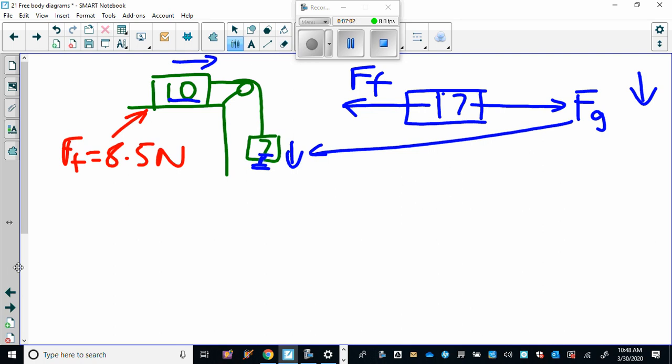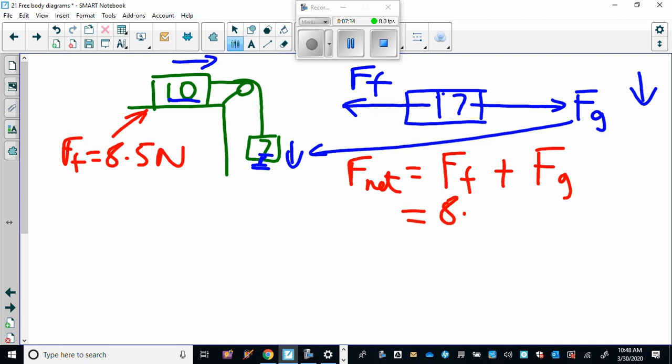Now we can write a net force statement. The net force equals the force of friction plus the force of gravity. The force of friction is 8.5 newtons, and the force of gravity over here is simply mg, in this case 7 times negative 9.81.